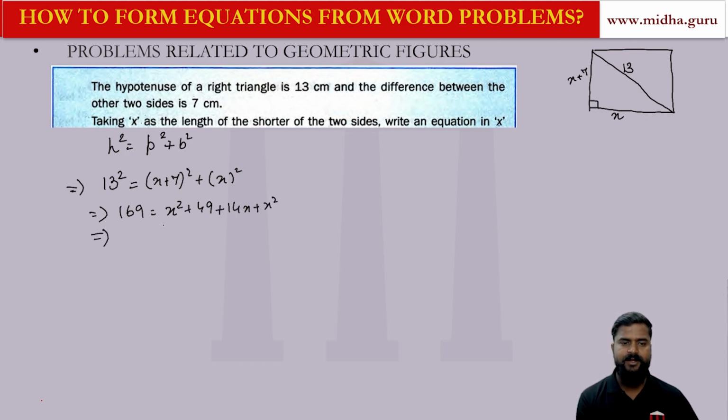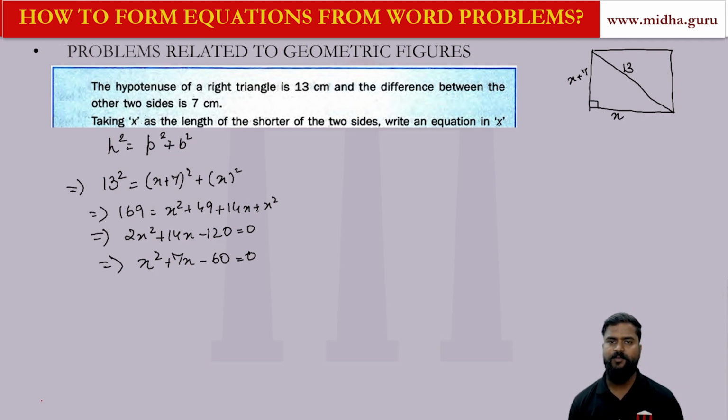So I'll bring 169 to this side. I'll get 2x squared plus 14x minus 120 is equal to 0. I divide the whole equation by 2. I get x squared plus 7x minus 60 is equal to 0. So this is how we are supposed to form equations based off of problems based on geometric figures.